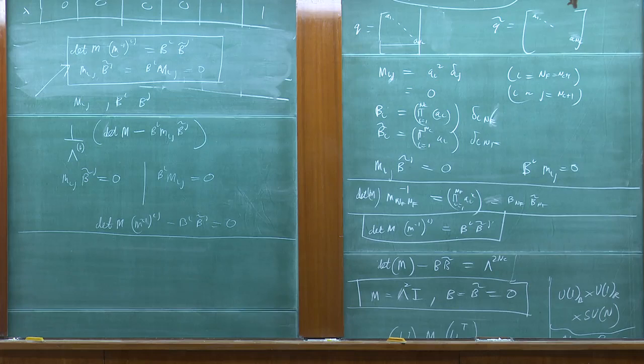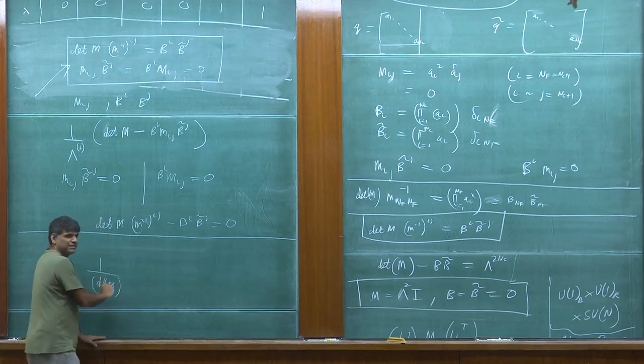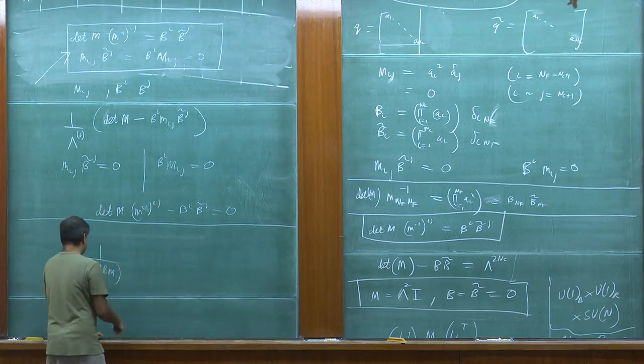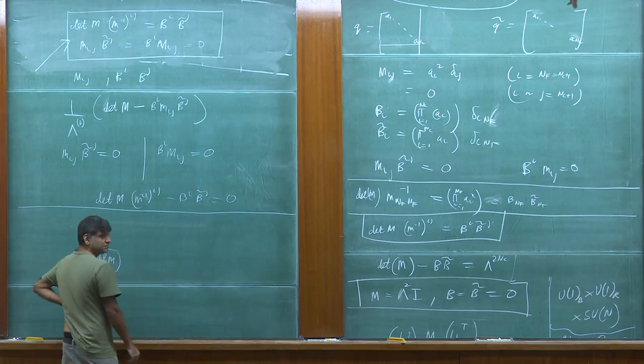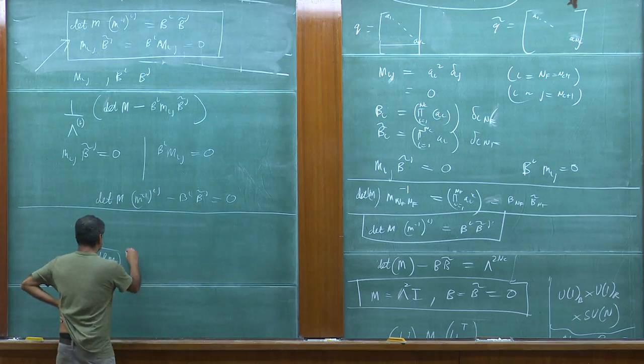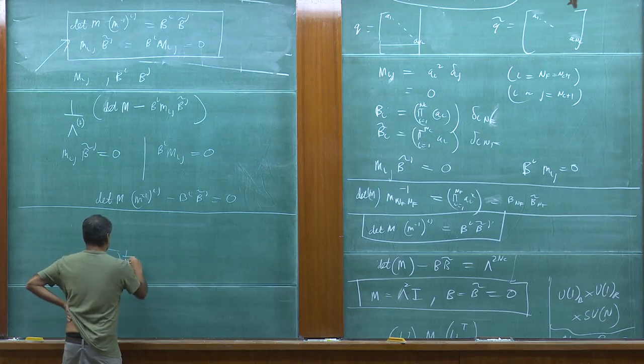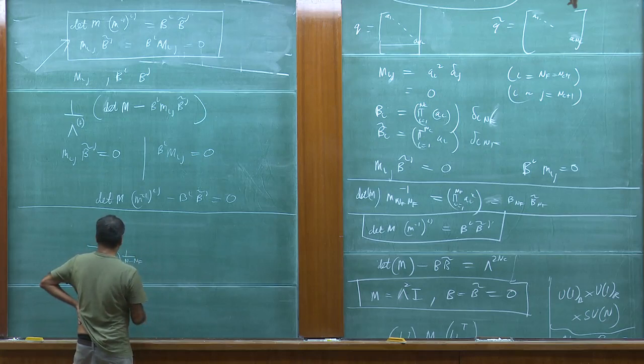If we try to construct something, let's write down the Affleck-Dine-Seiberg superpotential. Can you remind me what it was? What was it? Over that M to the power. Can you remind me what this power was? One over n, with a minus sign.